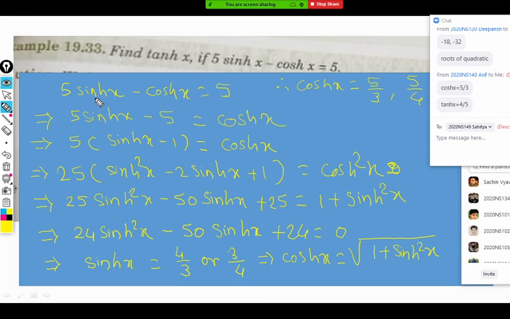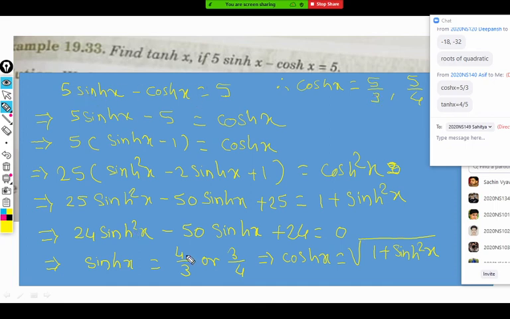You can check it. Sinh x is 4 by 3 and cosh x is 5 by 3. So you will check whether these two values satisfy the first equation.